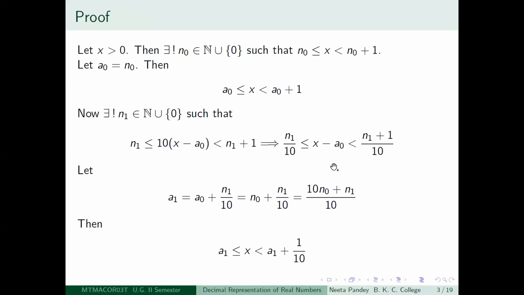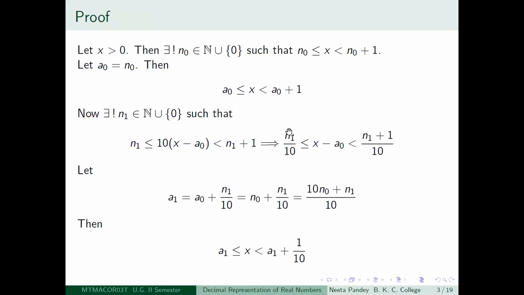So adding n1 by 10 to a0 will give you a new rational number which you call a1. So a1 is equal to a0 plus n1 by 10. Just look at this inequality. What do you get?